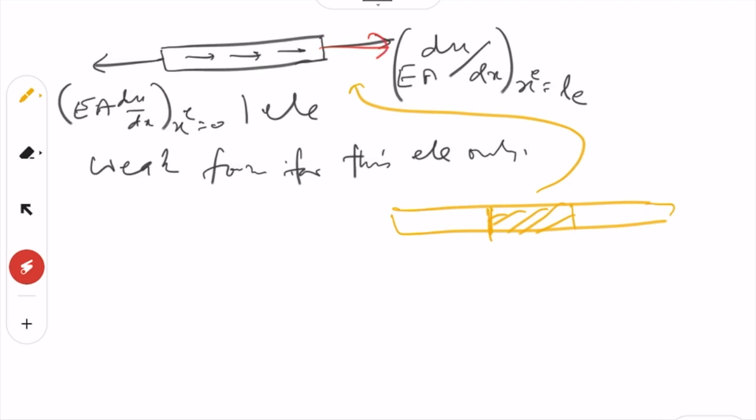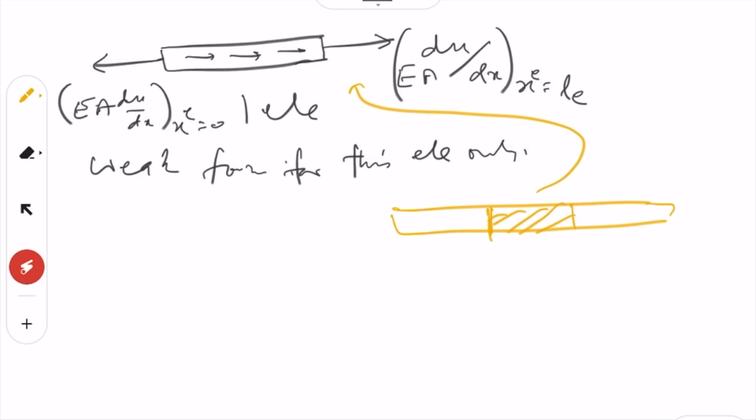So that's what we are showing, this force here. That force will be nothing but EA du over dx at x equal to L^e. Although it's not given, this is not actually a natural boundary condition, so we assume this we have to find out. So this is not given basically.